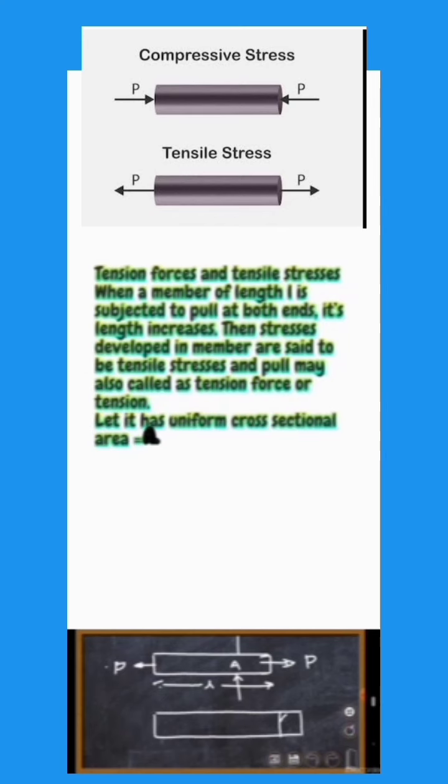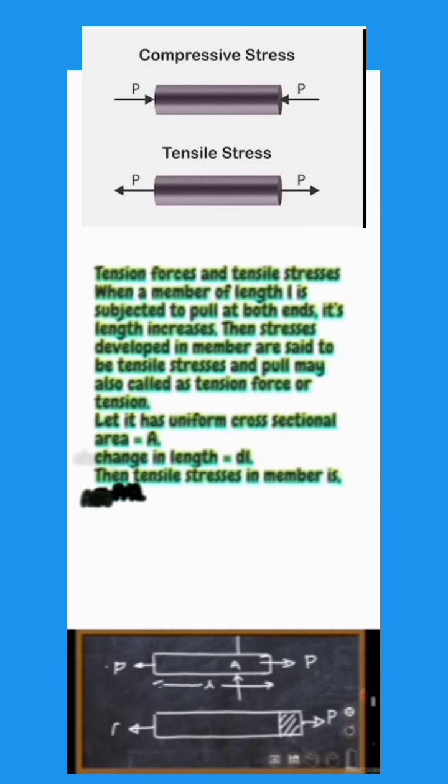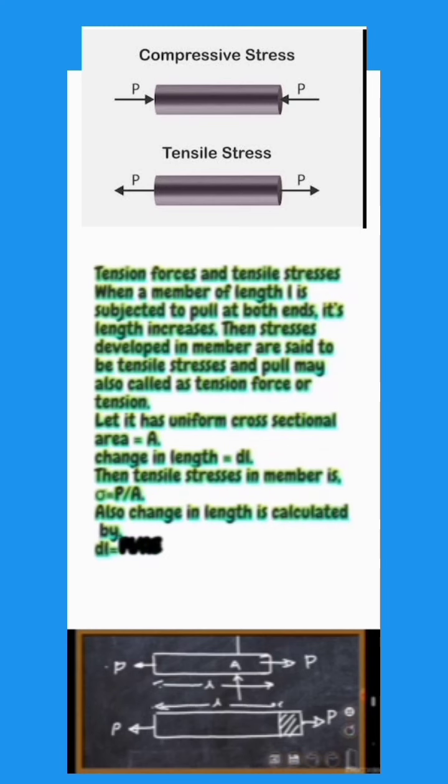Let it have uniform cross-sectional area equal to A. Change in length equals dl. Then tensile stress in member is sigma equals P upon A. Also change in length is calculated by dl equals P into L by A into E.